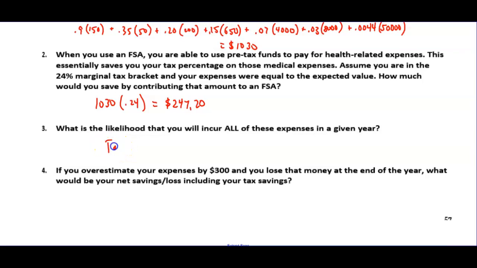The total would equal, this is a long decimal, 0.0000087318. And all you have to do to confirm that is multiply these decimals above. Those are all my percents from the chart. So there's almost zero chance that you'll incur all of those expenses.